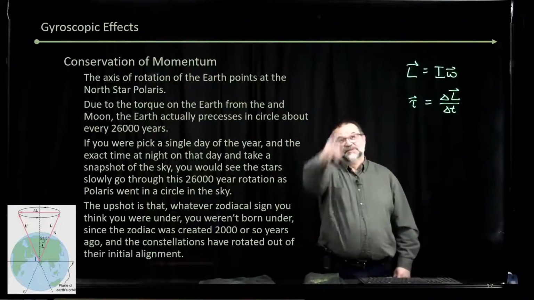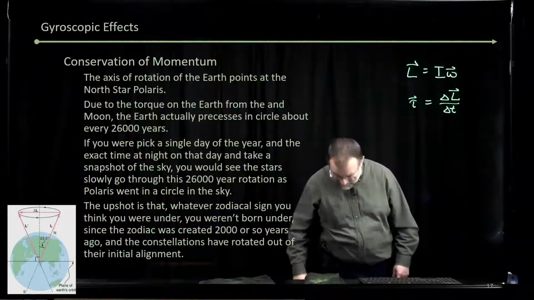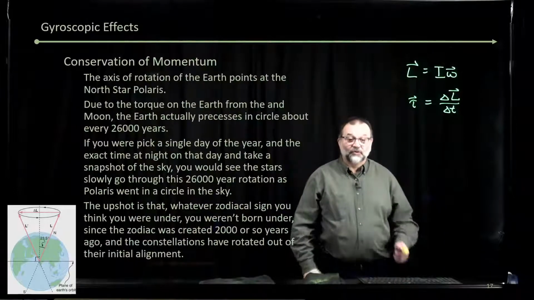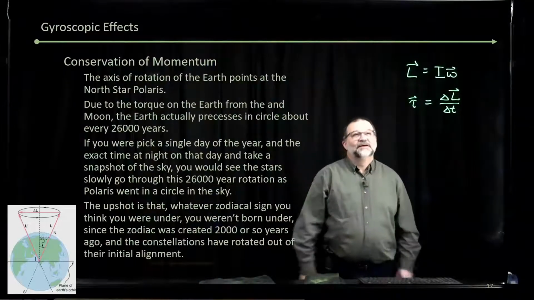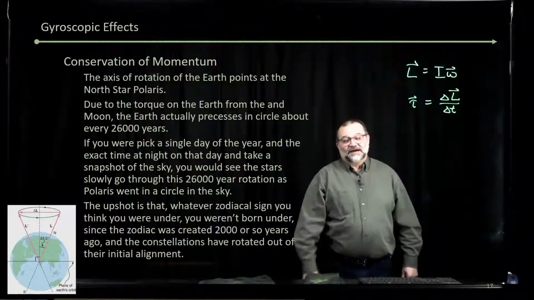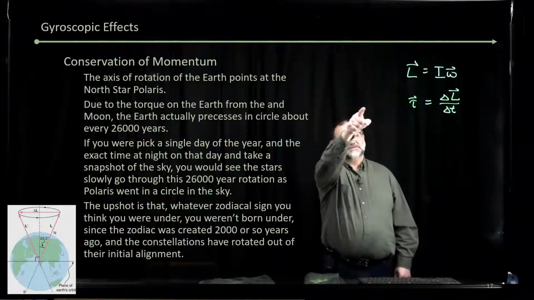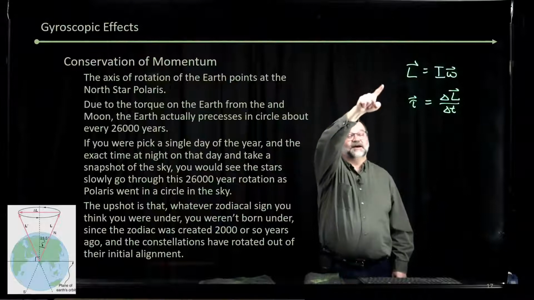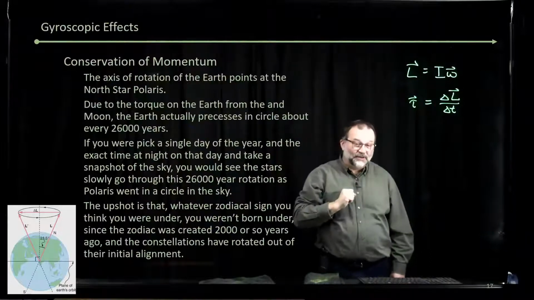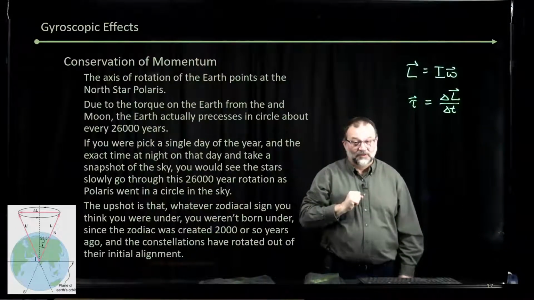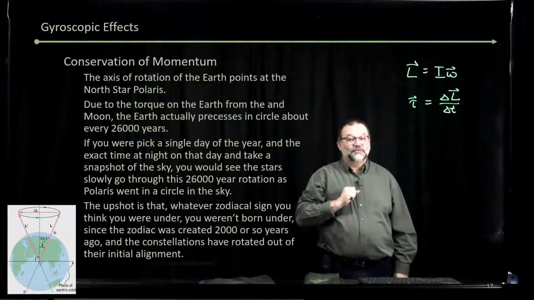Polaris sits over our North Pole almost. Well, over this 26,000 years, Polaris actually makes a small circle in the sky. Just right now it happens to be over our North Pole. But our North Pole slowly rotates.